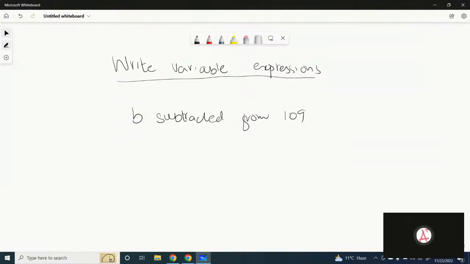B subtracted from 109. That means you have to subtract b out of 109. It would be 109 subtract b. Got it? This is the variable expression. So this is the variable expression 109 subtract b.